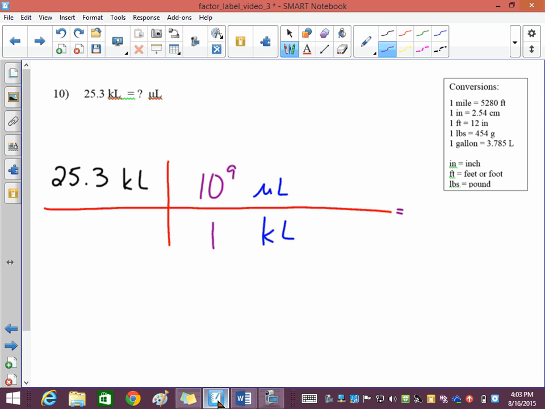And typing this in, 25.3 times 1e9, which should give me 2.53 times 10 to the 10, I believe. And that is in microliters.